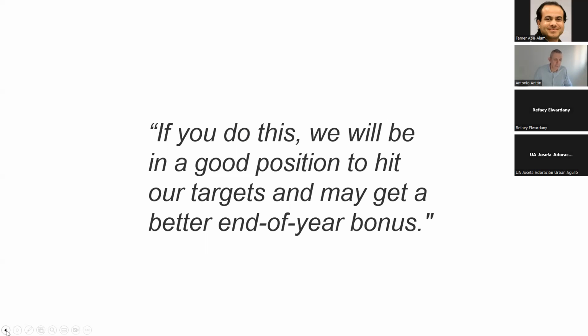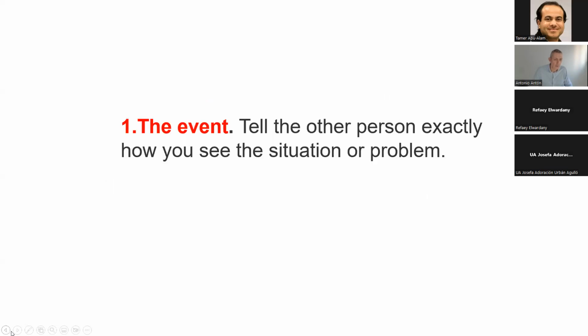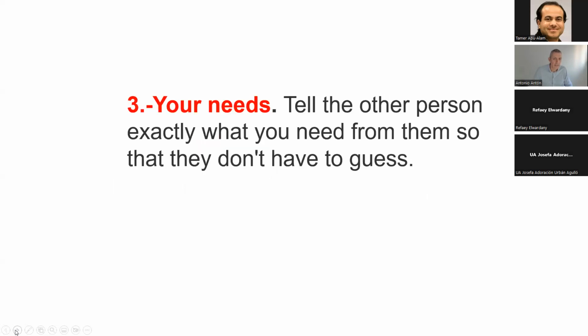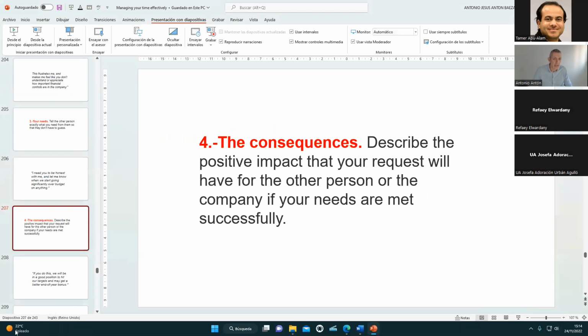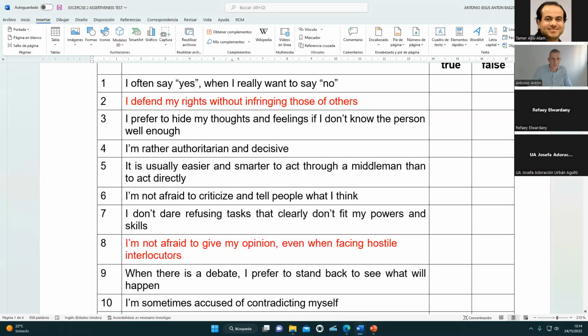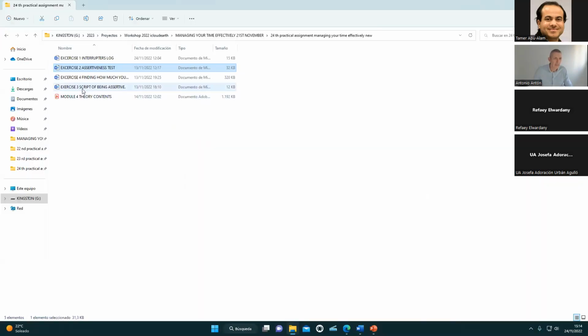Okay, so this is a very interesting example when it comes to stating the event, stating your feelings, stating your needs, and stating the consequences. And it has to do with the last exercises. You see the 24 exercises here, and this is the script of being assertive.